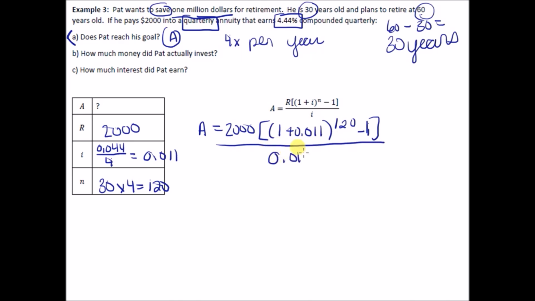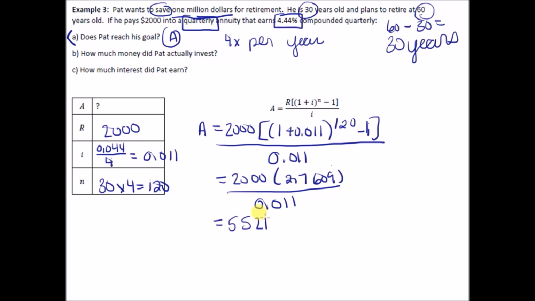So when I calculate that, I get 2,000 times 2.7609 over 0.011, and then when you multiply and divide it, I get 5521. I'm just walking you through the calculations just in case you're making a mistake on your calculator. So I get $497,461.74.